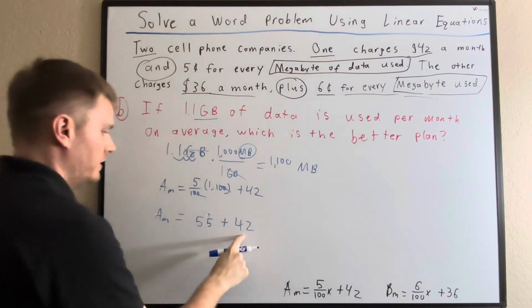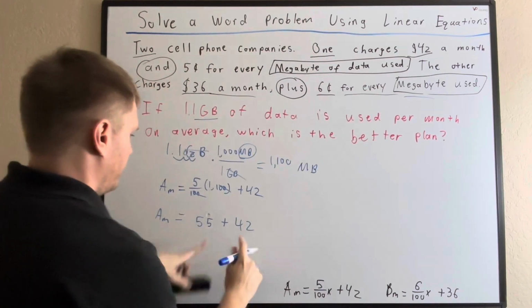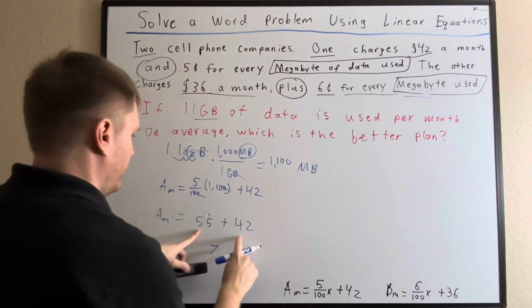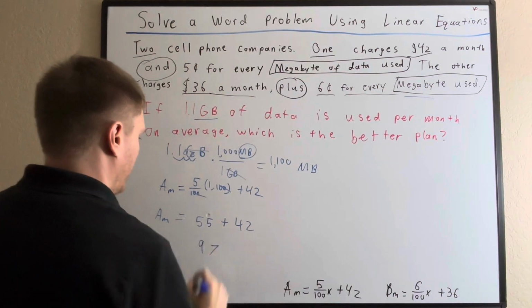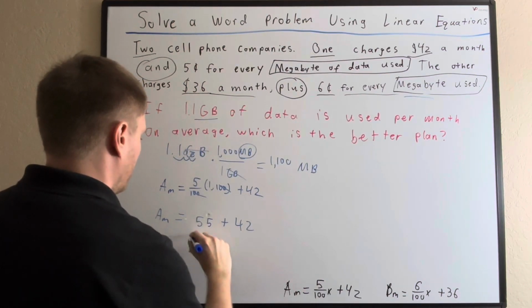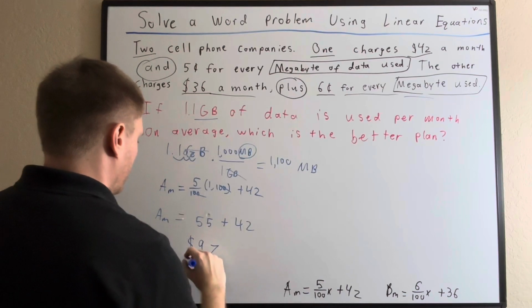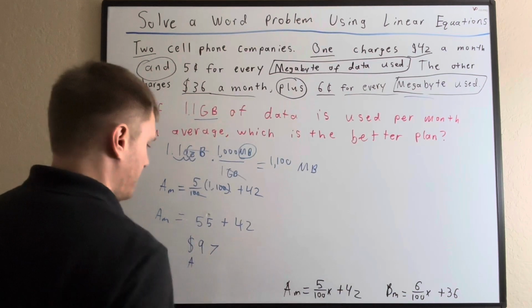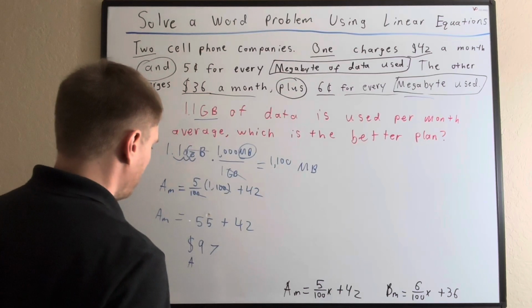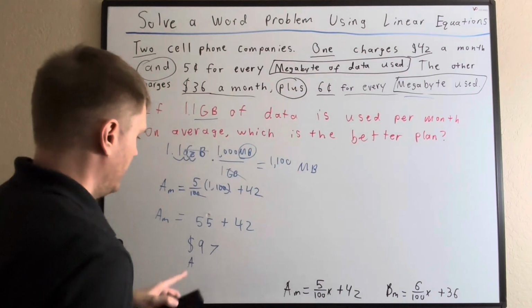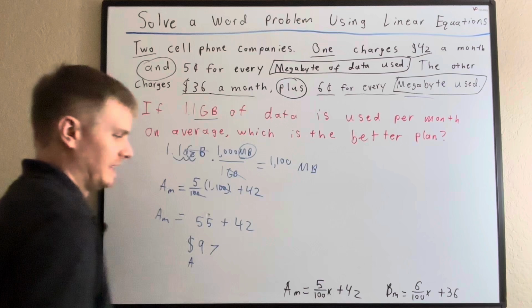All right, 55 plus 42. 5 plus 2 is 7. 5 plus 4 is 9. $97 for company A. All right. That's the mark to beat.